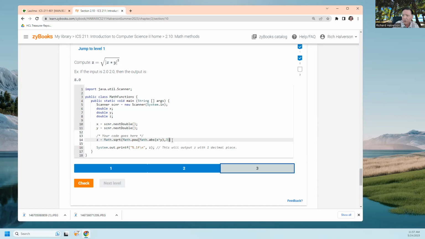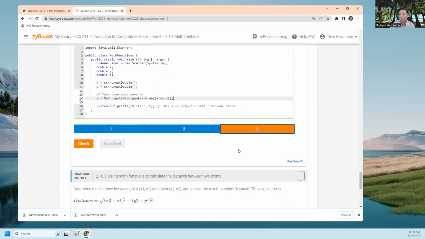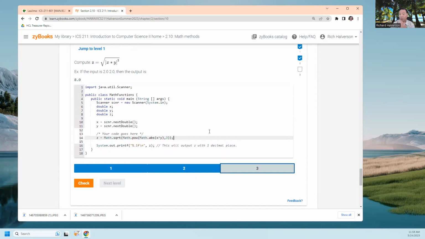And then I have to close the square root parentheses. Okay, I think this is the answer they're looking for.